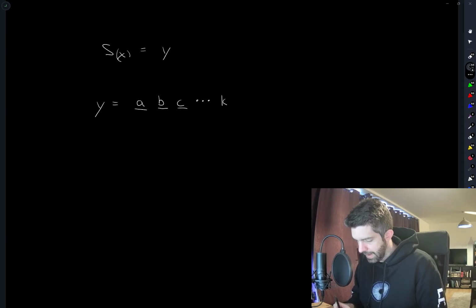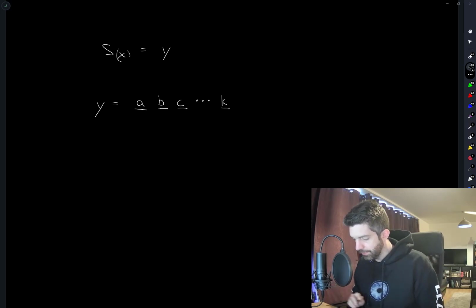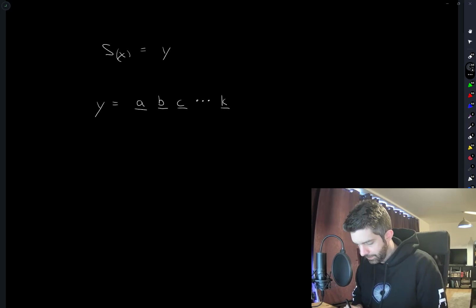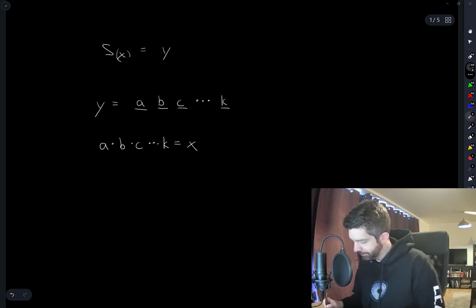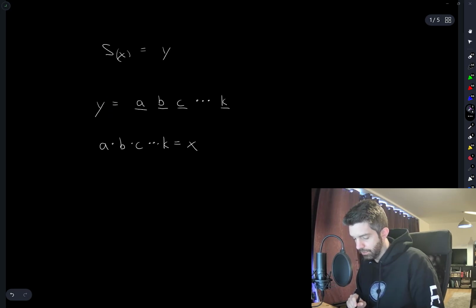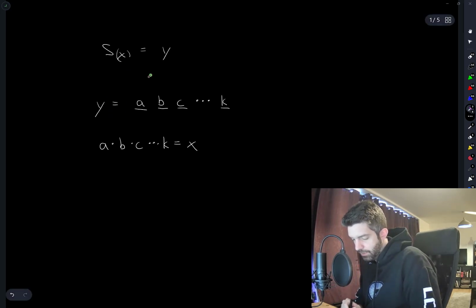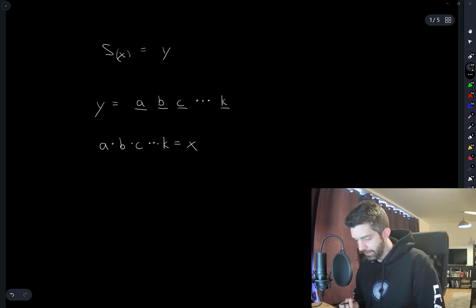Then a, b, c, and so on are the digits of y, and the product of these is equal to x, and this is the smallest such positive integer with that property. If there is no integer such that the product of the digits is equal to x, then we say s of x is equal to 0.